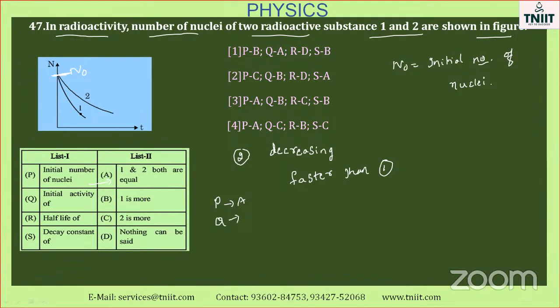For 1 it is more, right? Because it is not disintegrating fast. So initial activity of A is more.